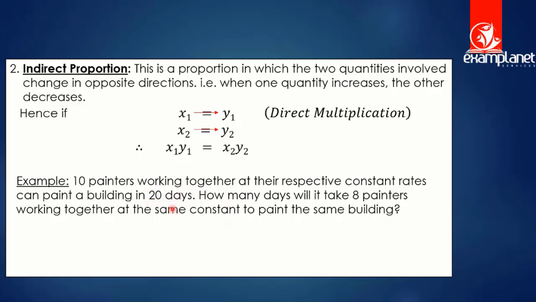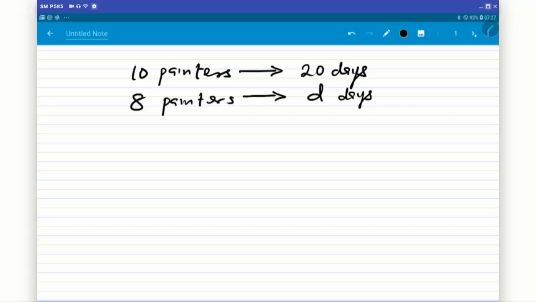Alright, so let's look at the solution to this. How many days will it take 8 painters working together at the same rate to paint the same building? 10 painters will require 20 days. Now 8 painters will require how many days? Let's say D days.